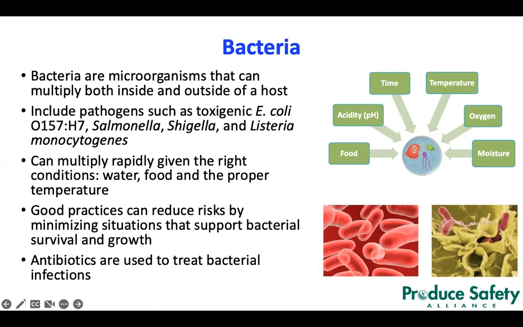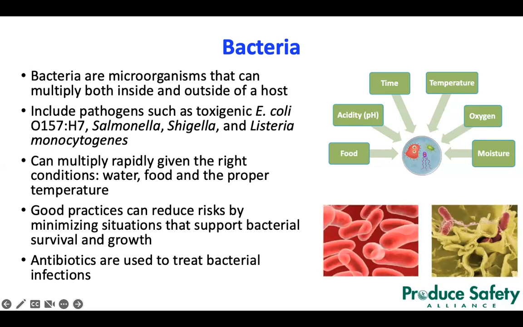Bacteria can multiply both inside and outside of a host. Bacteria that have been associated with produce outbreaks include pathogens such as E. coli O157:H7, Salmonella, Shigella, and Listeria. They can multiply rapidly given the right conditions, for example, water, food, and the proper temperature.